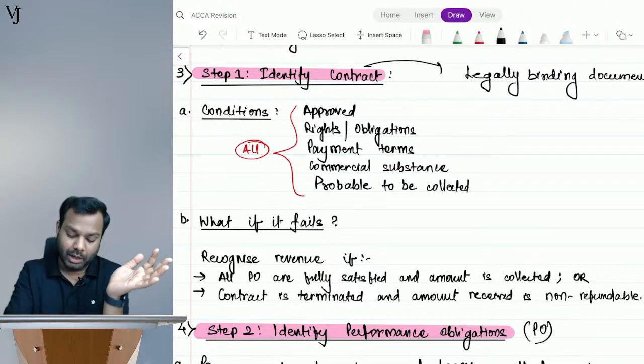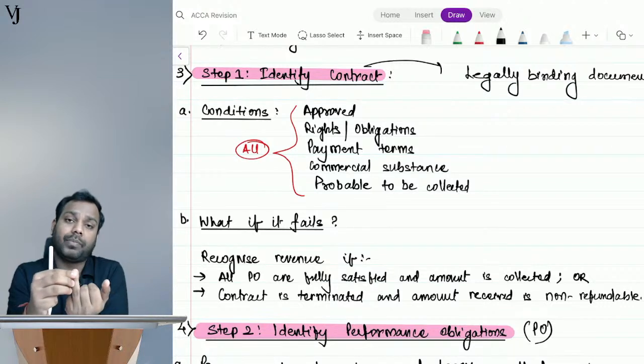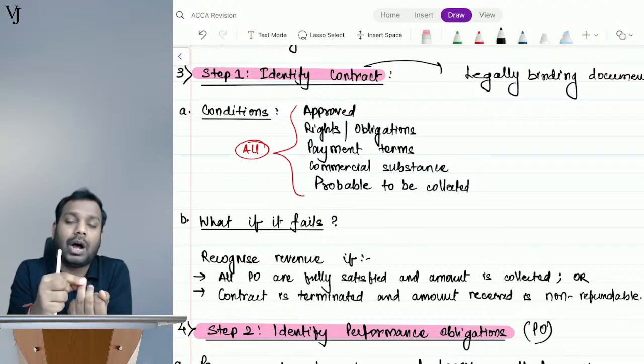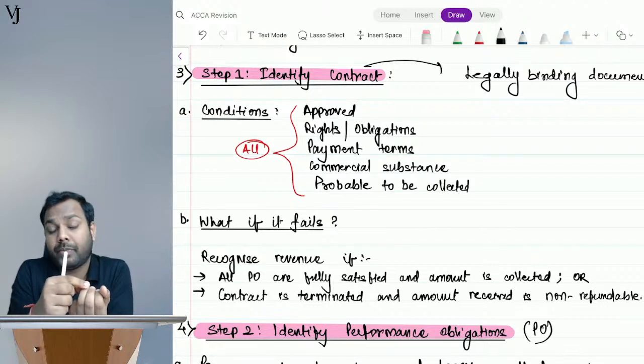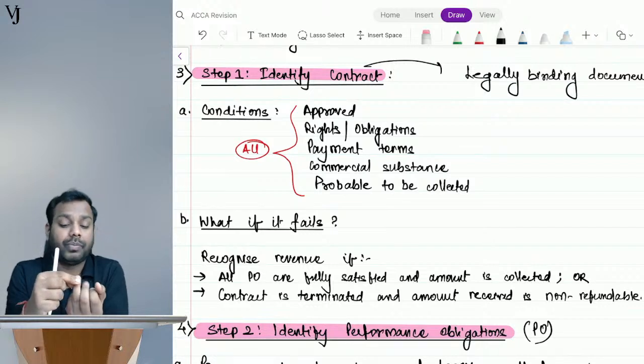Third, the payment terms: how the student will make the payment.